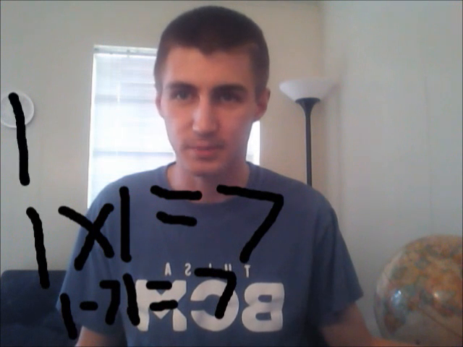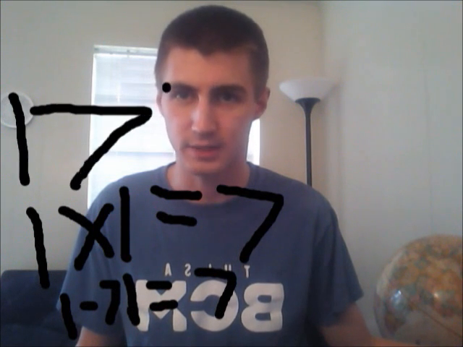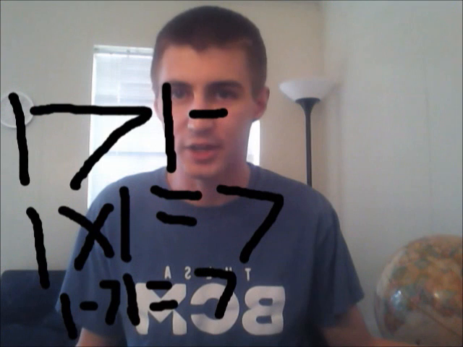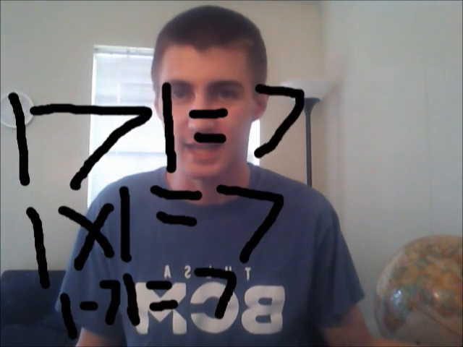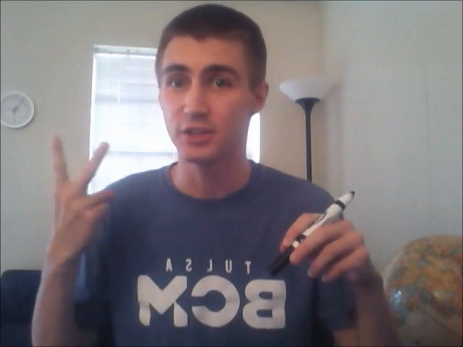Alternatively, x could be +7, and the absolute value of that would also be equal to 7. So essentially, when you're solving for x in an absolute value equation, you're not going to have a definitive answer because there could be two different solutions.